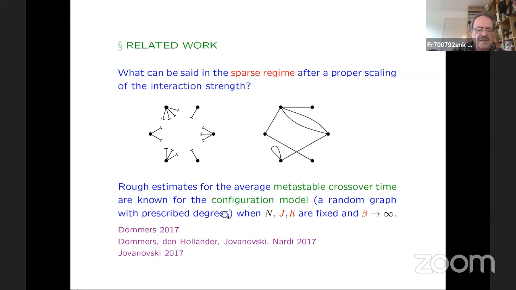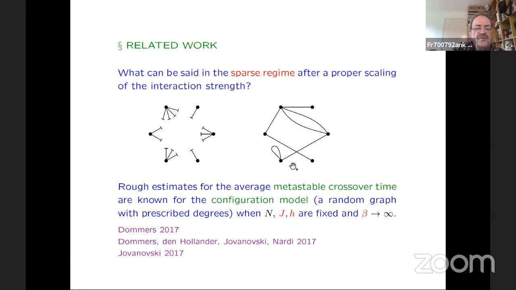Many of you will have seen this. You start with n vertices, you prescribe degrees, and you put little half edges out of them, connecting up with exactly the number of degrees that you picked, and then you start to randomly pair these edges and you generate a graph.